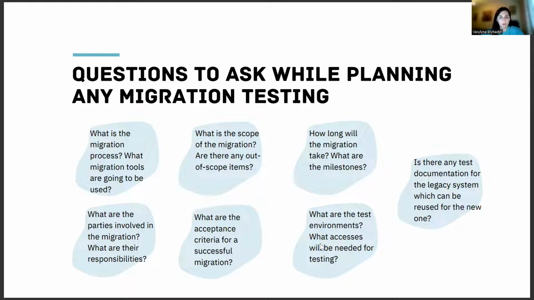We need to know what level of work will be considered enough to complete the testing, and what criteria can be used to judge whether our testing for this project was successful or not. Next is regarding what the test environments are, and specifically what systems, tools, accounts, accesses, permissions, and other notions you will need for testing.